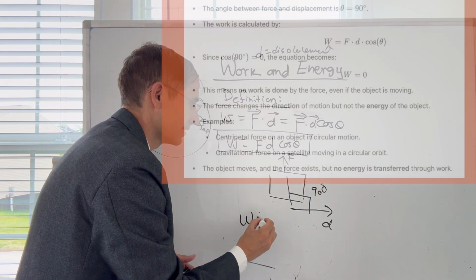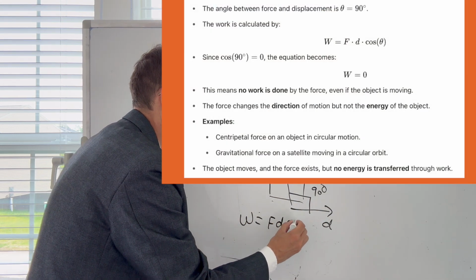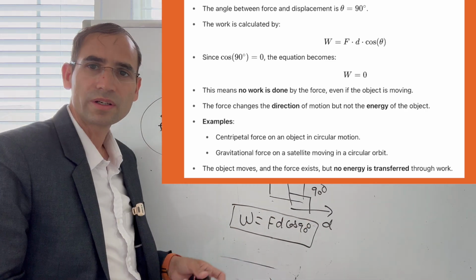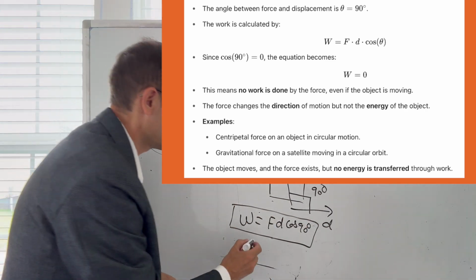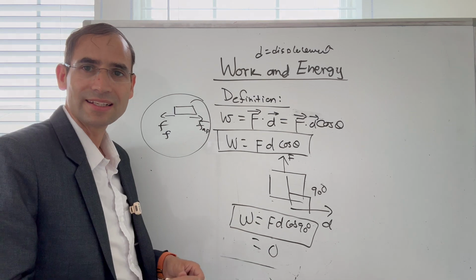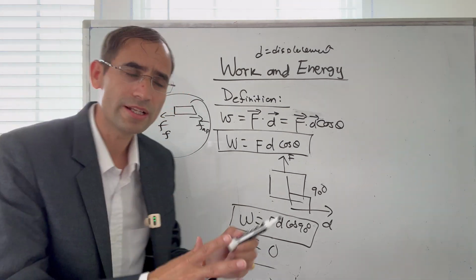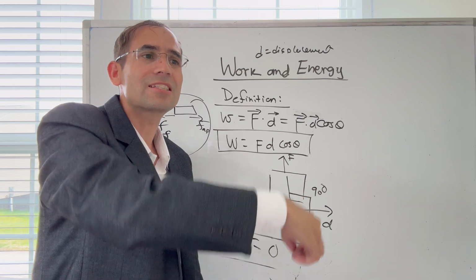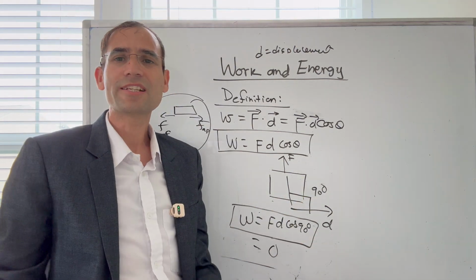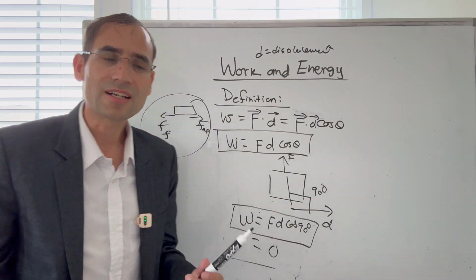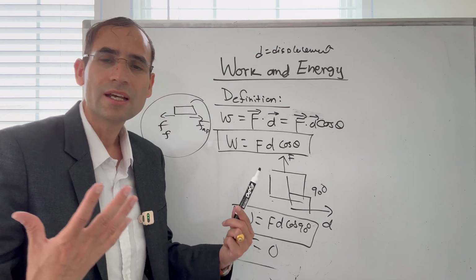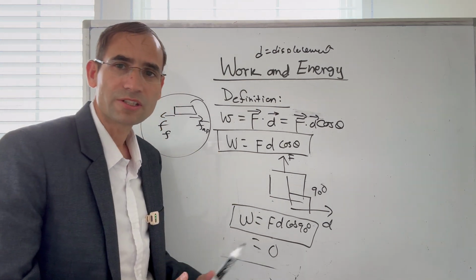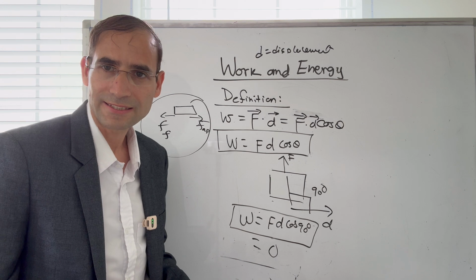Then the work done is F d cosine 90 degrees, which is 0, because cosine of 90 degrees is 0. The wheelchair is going in this direction, you apply the force upward, and the wheelchair is not displacing in the y direction. There is no displacement at all. So this is the difference between the work we perceive in daily life and the work we perceive in terms of physics.